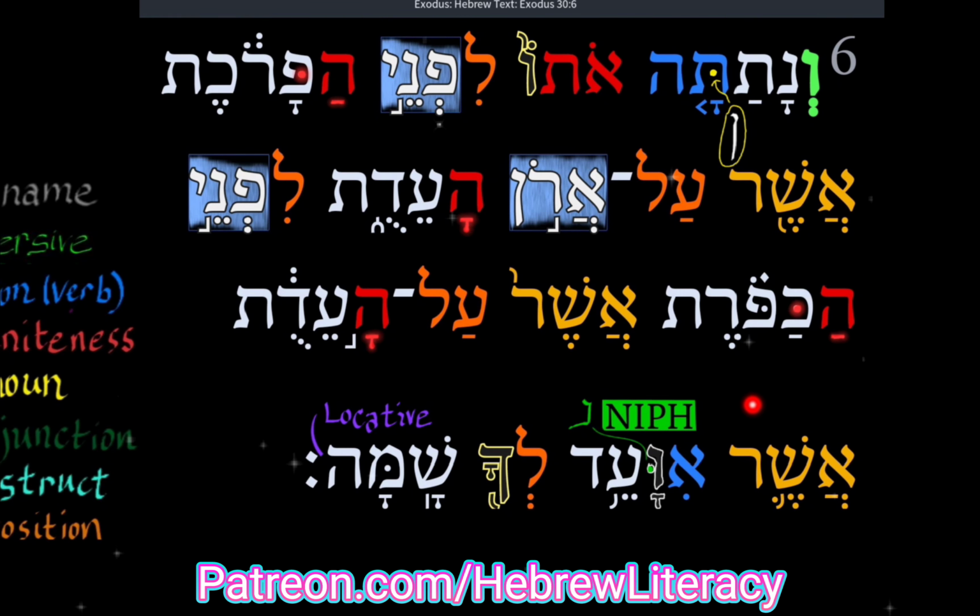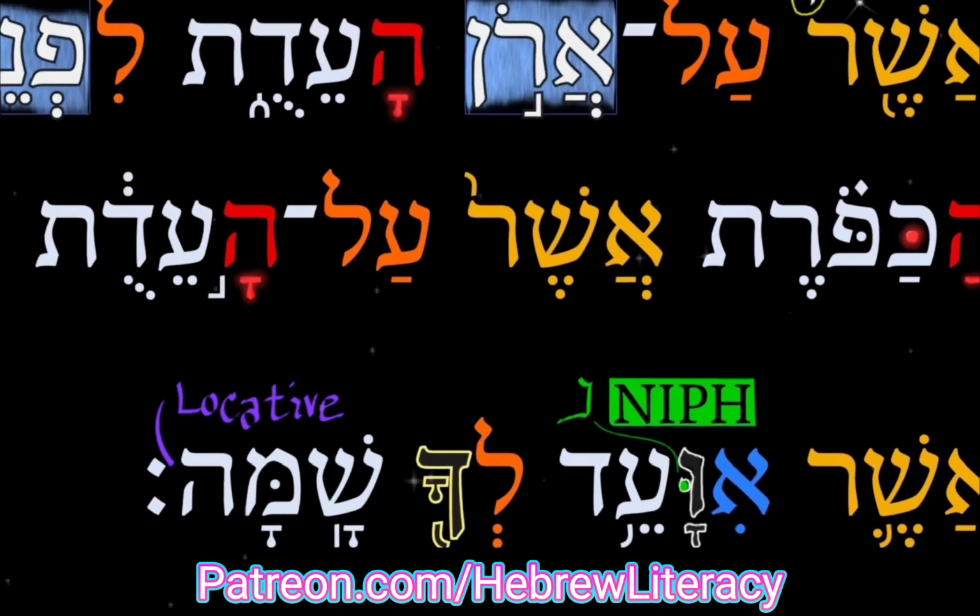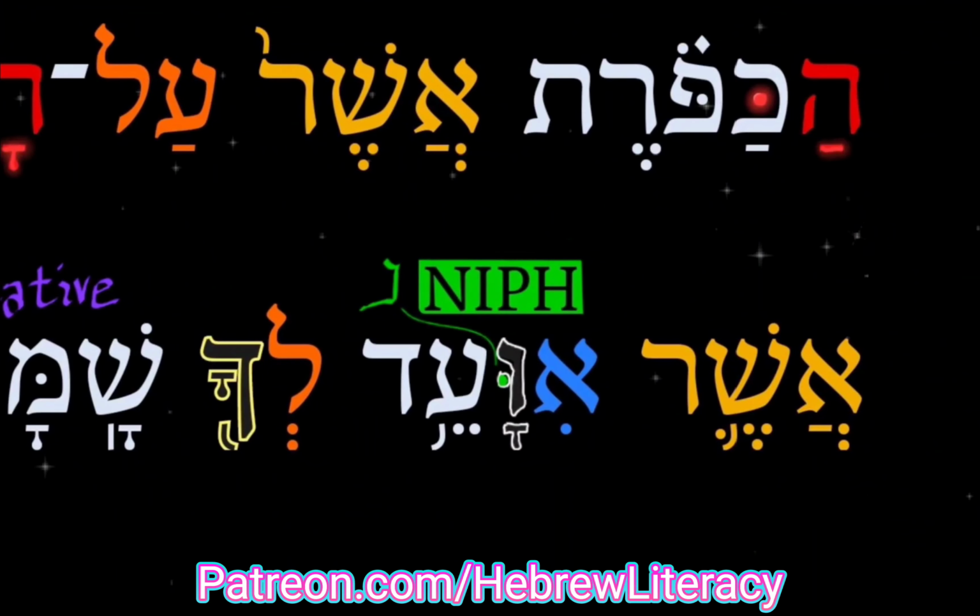Asher, aleph shin resh, which iva'ed, iva'ed. Now that that's aleph. If you're a visual learner, it's easier to explain here. The aleph reminds us of the aleph in ani, I, or anochi, I. So I will iva'ed.